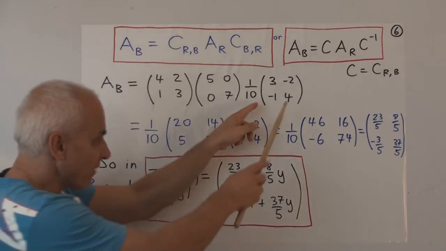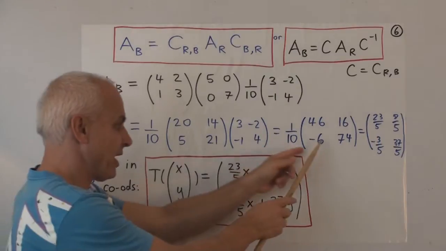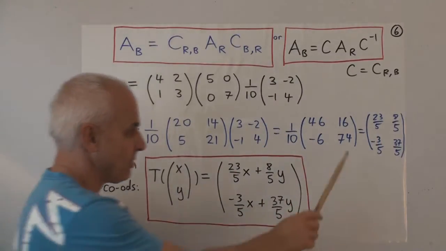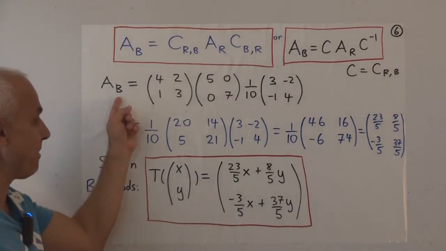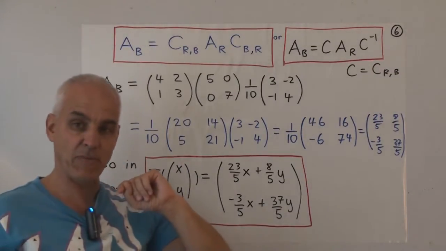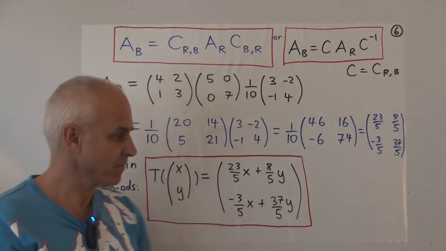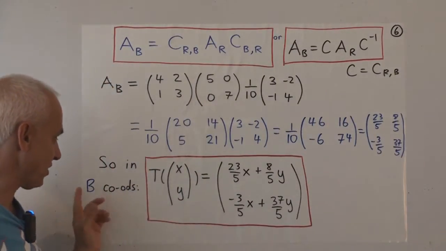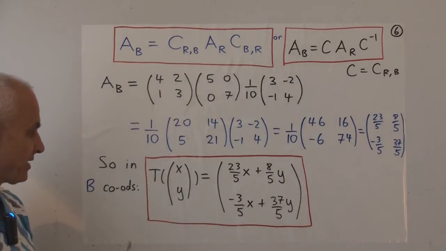Okay, good. Now we still have to multiply by this 2 by 2 matrix. I'll let you do the multiplication, you get that, which can be simplified a little bit to there. And so that's the matrix for that linear transformation in Bob's system. In other words, as far as Bob is concerned, Bob only has his coordinates, x and y.